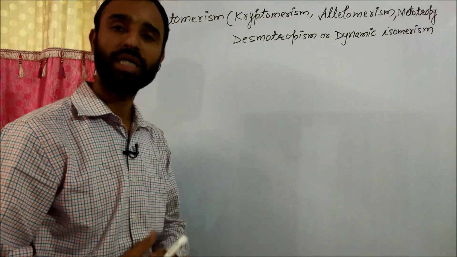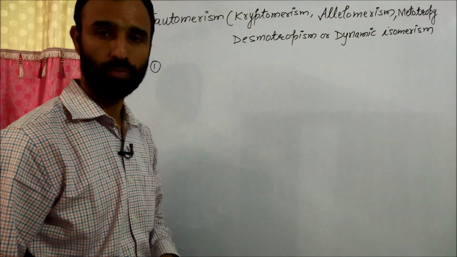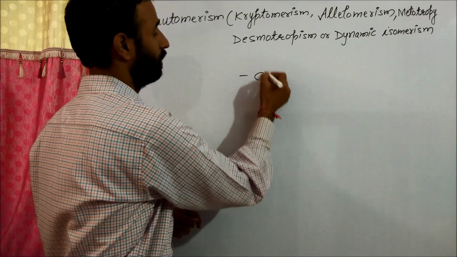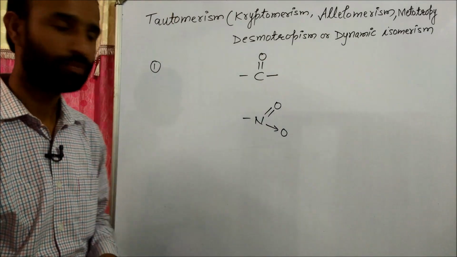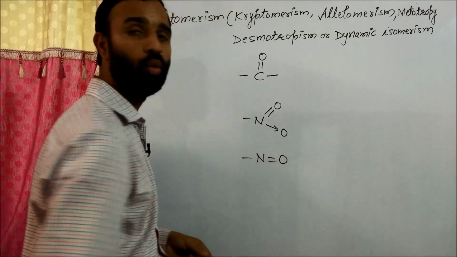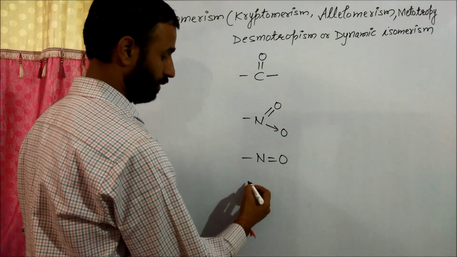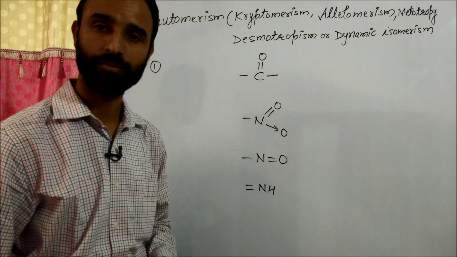The first requirement is that the molecule should have an electron withdrawing group. For example, CO, NO2, or NO, or double bond NH, that is imine.